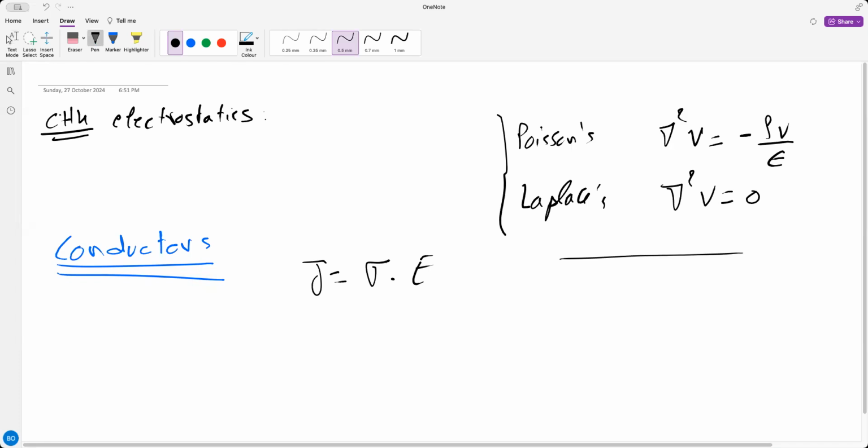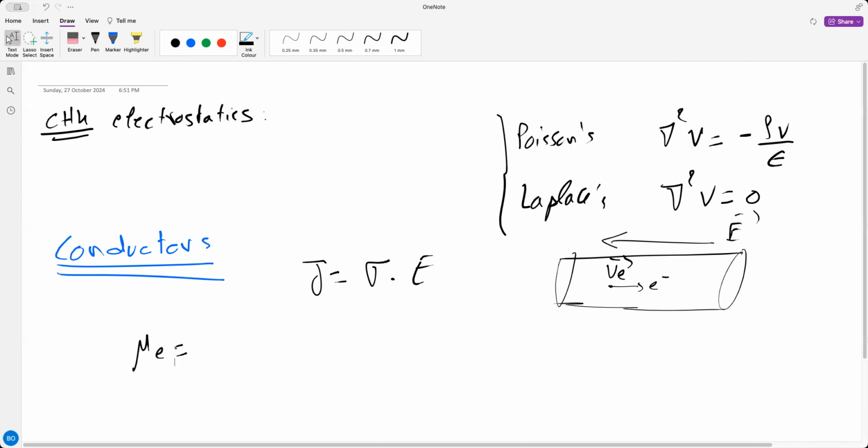If I have, let's say, a cable, and I apply an electric field, the electrons will start moving with a velocity that we call the drift velocity. There is a quantity that gives the relationship between the drift velocity of the electrons and the electric field. This quantity is called the mobility.